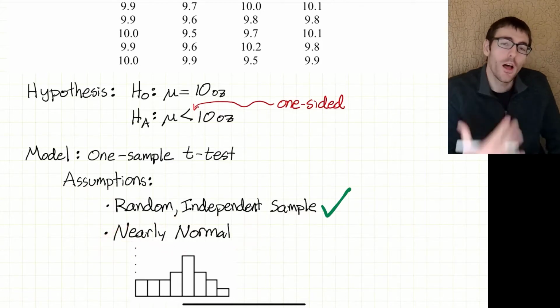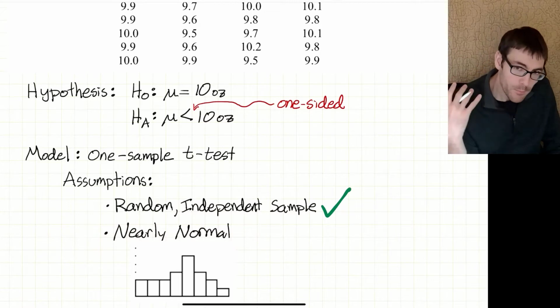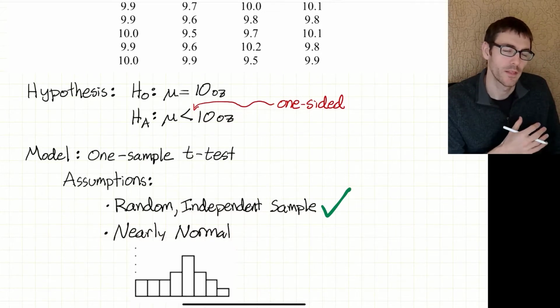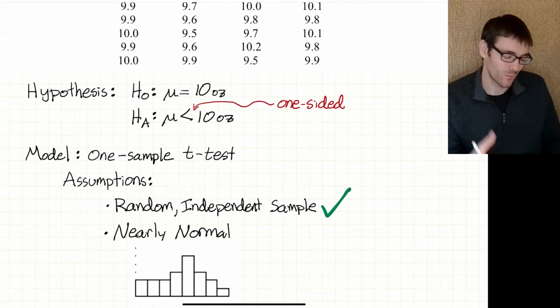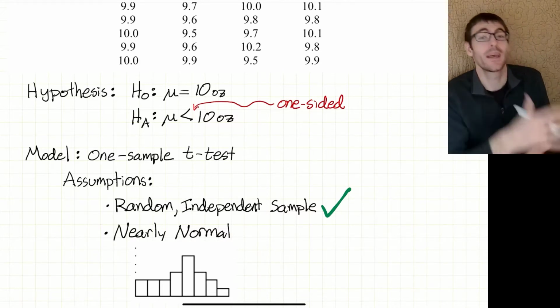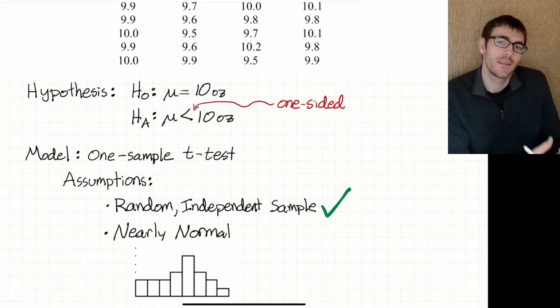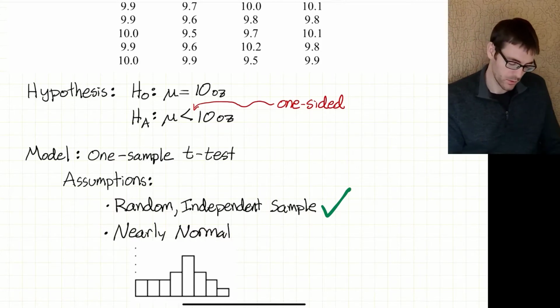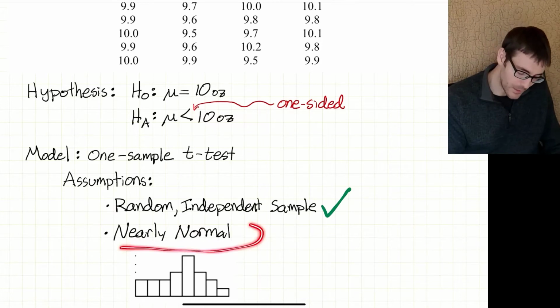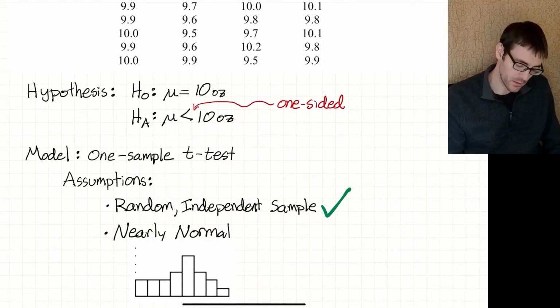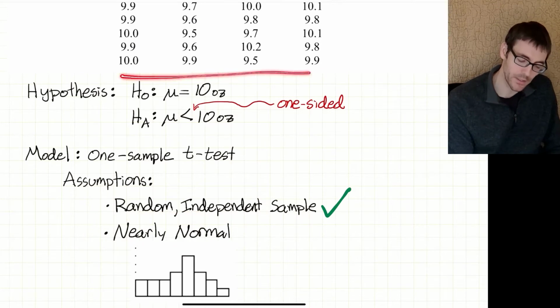It has to be plausible that the population's distribution is in fact normal. How do we know what that looks like? Well, we don't. So again, we're somewhat approximating things, but we're going to use the sample distribution to address this. Typically the nearly normal condition is really talking about the population distribution, but to check this, we will look at the sample distribution.